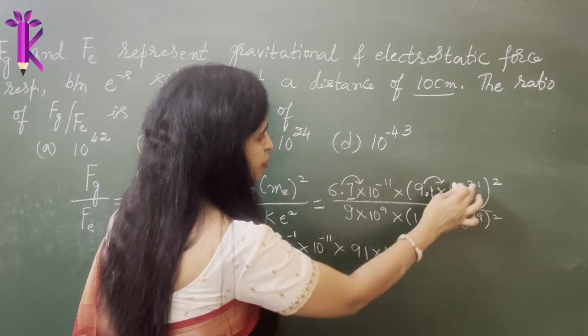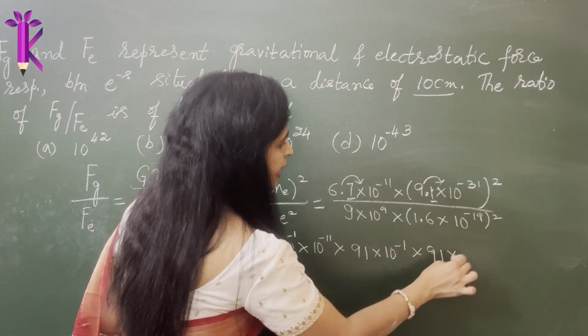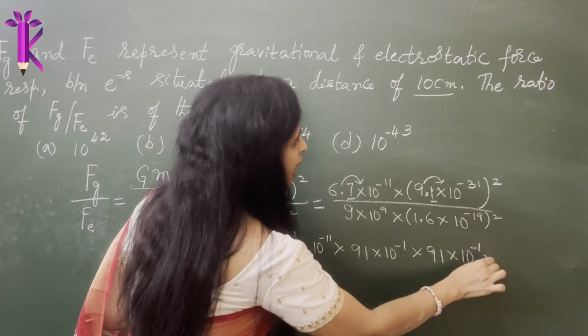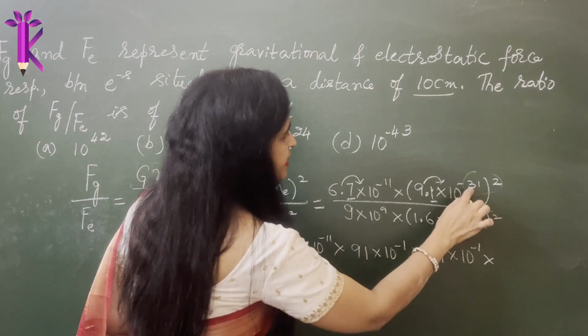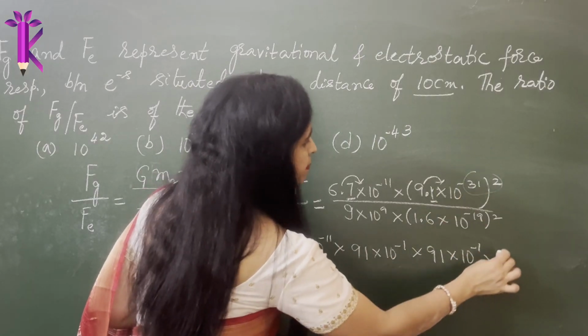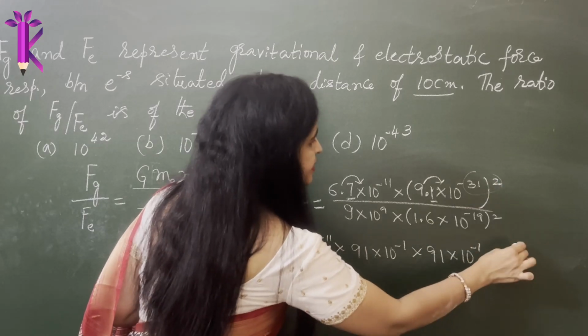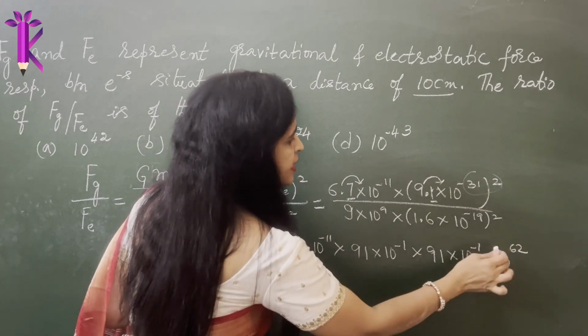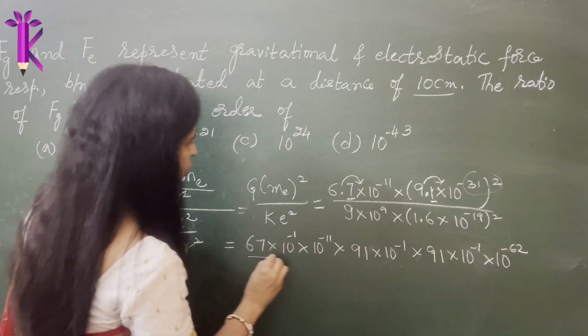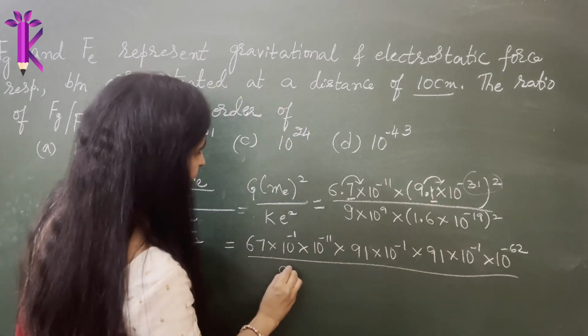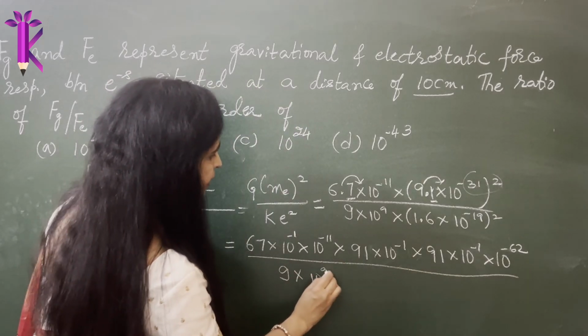You have 9.1 the whole square, so you have one more 91 into 10 to the power of minus 1. Before you multiply this, 31 into 2: 2 times 1 is 2, 2 times 3 is 6, so you have 62. It is minus 62, whole divided by 9 into 10 to the power of 9.